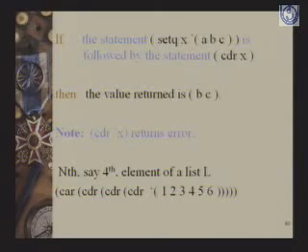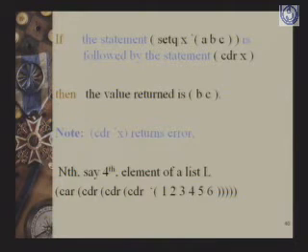Then what is the mechanism of retrieving the 4th element? For this purpose, look at the slide. The slide says that if you are to retrieve the 4th element, then you use 3 cdrs and finally a car. You can see how it operates. The first cdr, when applied to the list 1, 2, 3, 4, 5, 6, will eliminate 1 from the list and we will be left with the list 2, 3, 4, 5, 6.